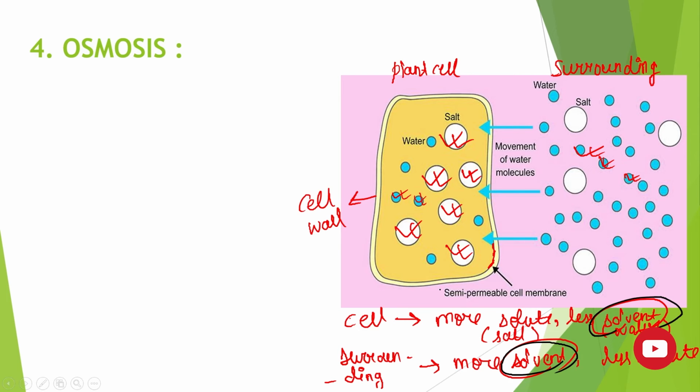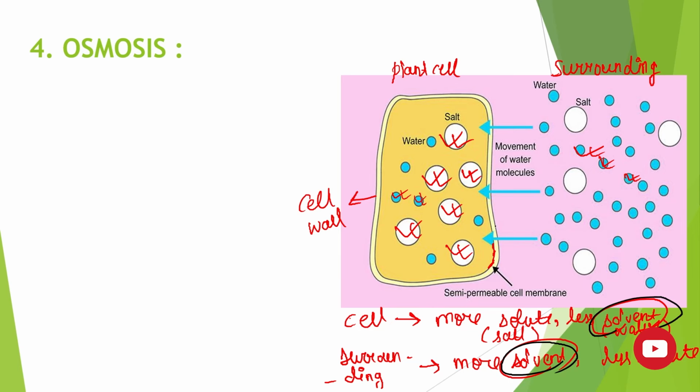So let us look at the water molecules. In the surrounding, we can see there is a huge number of water molecules present, but inside the cell, the number of water molecules is less than that of the surrounding. This is known as a difference in concentration between two things.